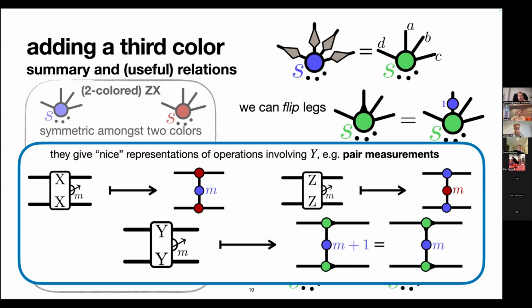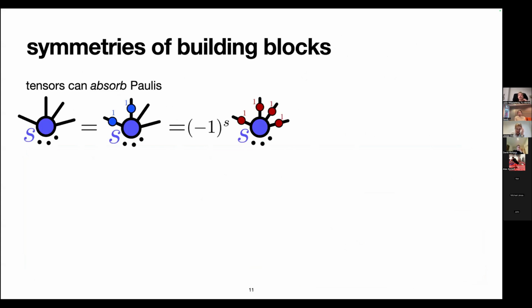Now, I already showed you these symmetries or stabilizers of these tensors, and they can be used to absorb Pauli operators on the edges, or alternatively to propagate Paulis through the tensors, and maybe you get a sign.